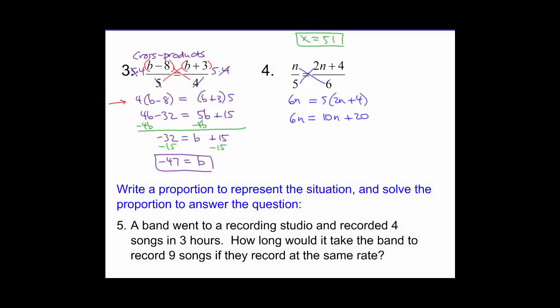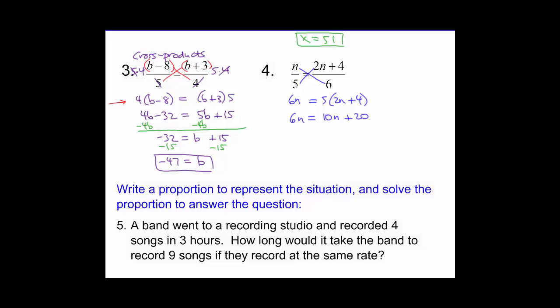To solve that, we can subtract the 20. Actually, that's kind of silly. To solve that, let's get the n on either the left side or the right side. Right now it's on both. I can either subtract the 6n or subtract the 10n. If I subtract the 6n, there'll be no number over here, and I'll have to bring the 20 over.